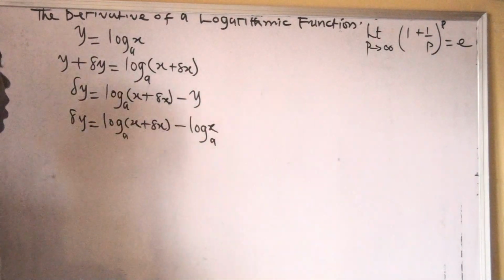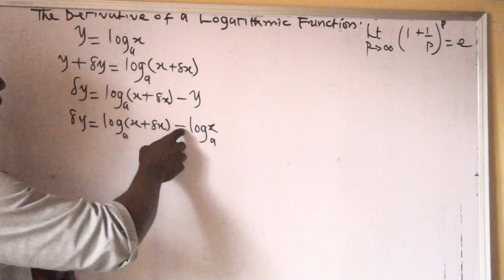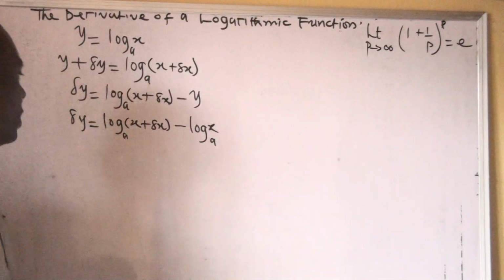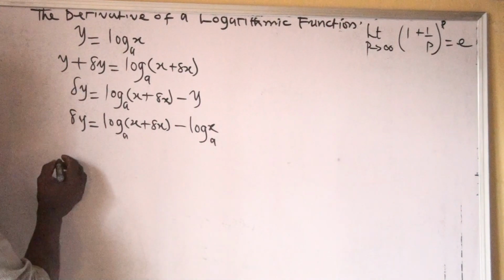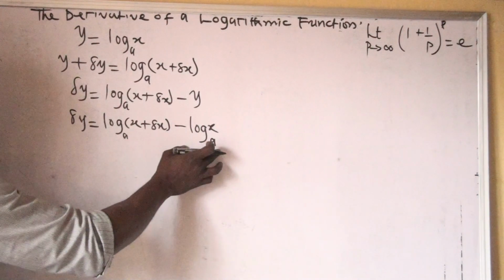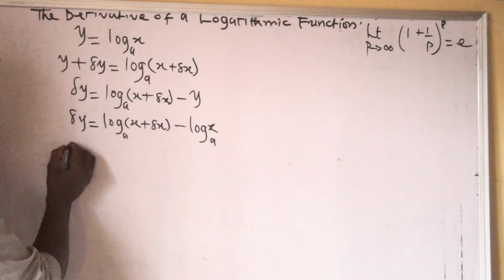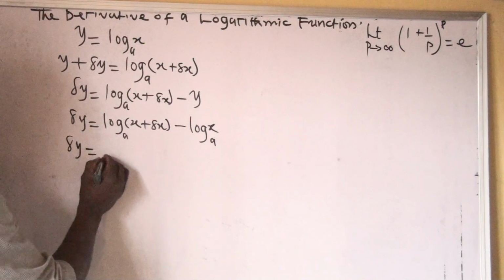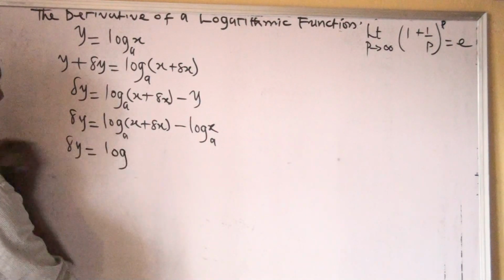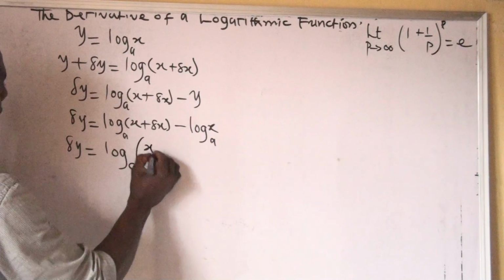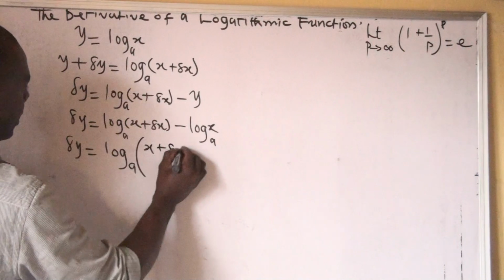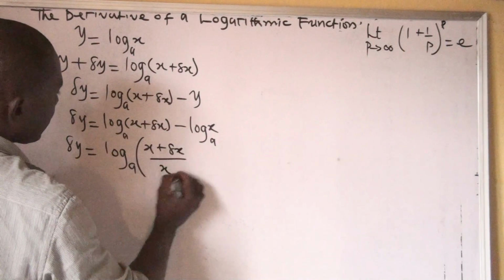From the law of logarithms, a minus means we divide. So we have delta y is equal to log to base a of x plus delta x all over x.